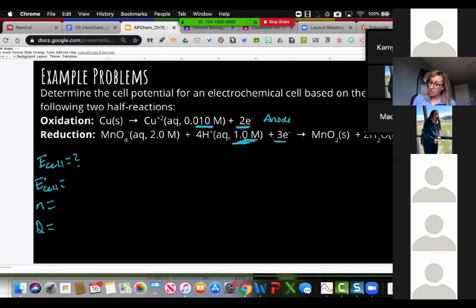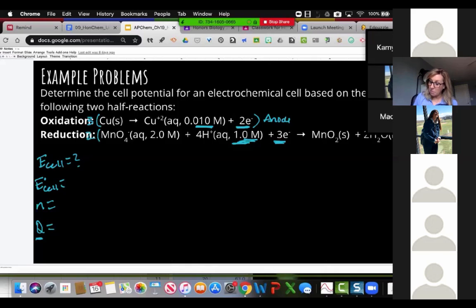And over here, the electrons are on the left, that's my cathode. Okay, so that's the first thing I can label. To get the overall reaction, which is what I need to be able to solve for Q, I have to multiply these by some number so that those electrons cancel out. If you remember back when we did our balancing equations, this is going to have to be multiplied by 3. This one's going to have to be multiplied by 2.